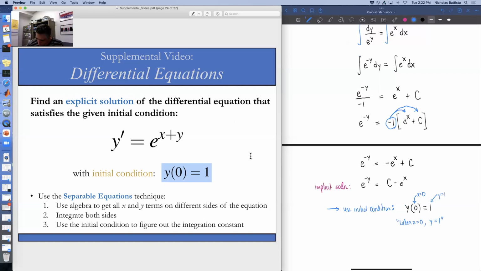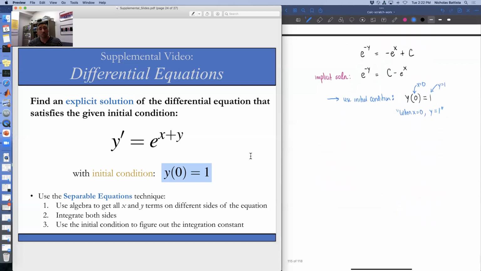So we can substitute both of those into the solution that we have up above. So we have e to the minus, now substitute in that value of y, we have 1. So again, this is saying e to the minus 1 equals c minus e to the 0, because we have x equaling 0 in our initial condition.